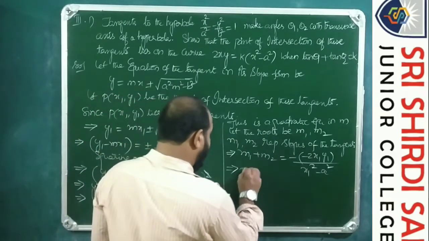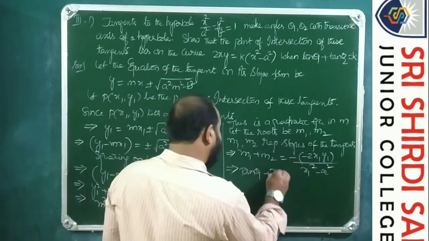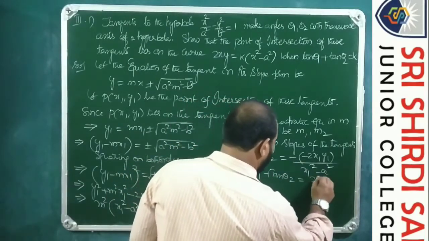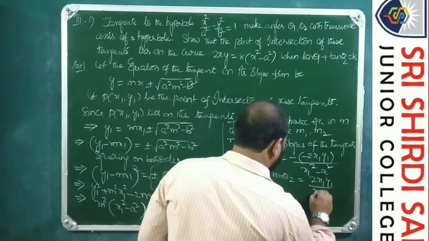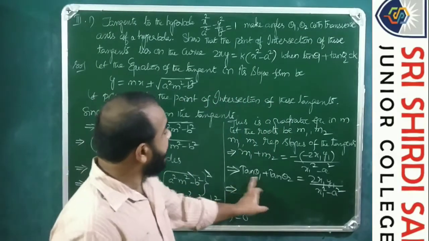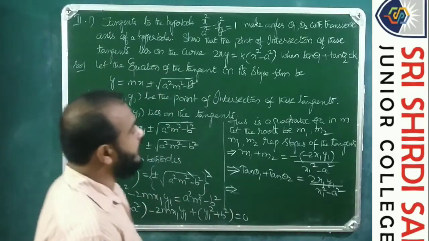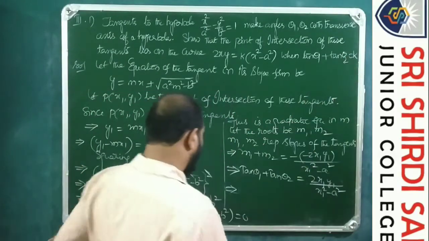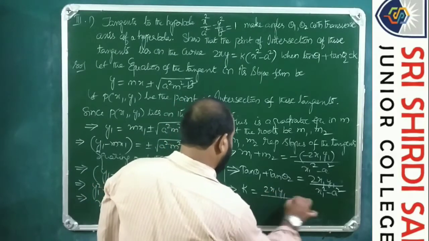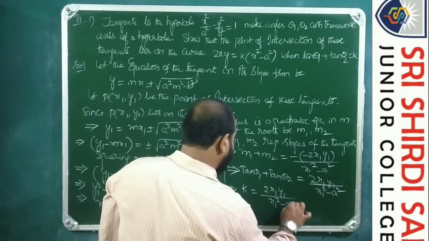So tan theta 1 plus tan theta 2 is equal to 2 x1 y1 by x1 square minus a square. Given that tan theta 1 plus tan theta 2 is k, k is equal to 2 x1 y1 by x1 square minus a square.